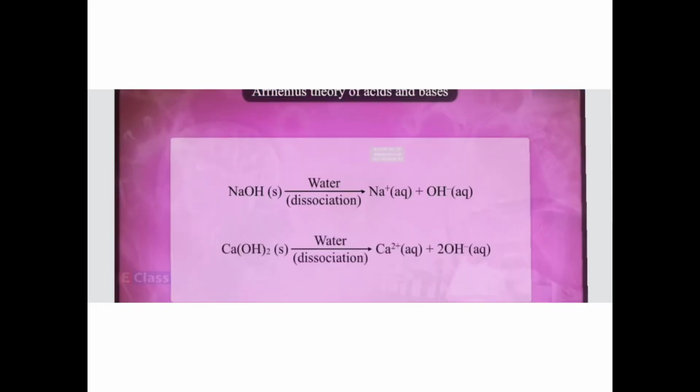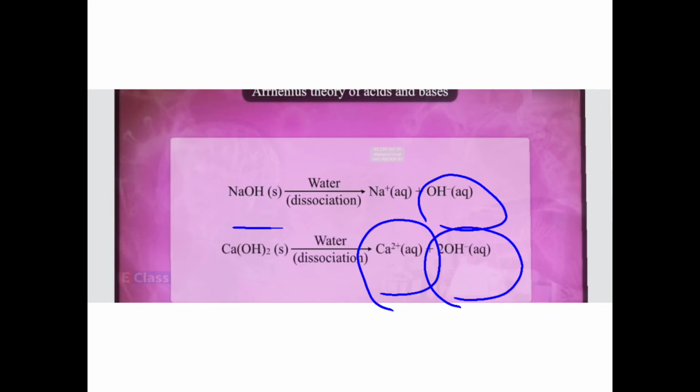If you have NaOH, then it will give Na plus and OH minus. If you have Ca(OH)2, then you have Ca2 plus and 2 times OH minus. So ultimately you will see the left hand side and right hand side have to be balanced.